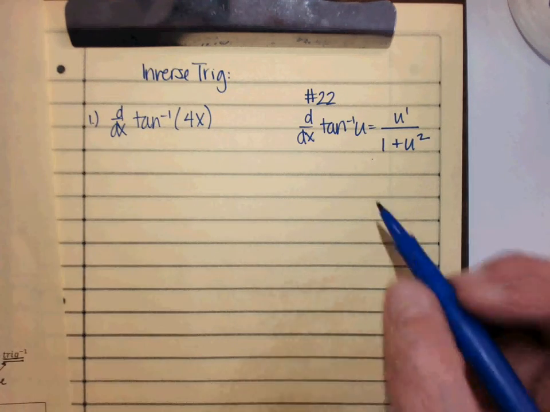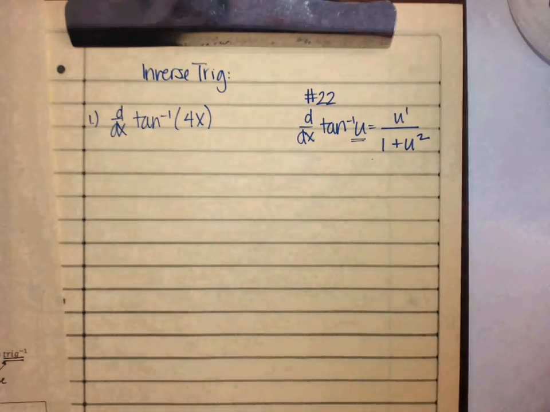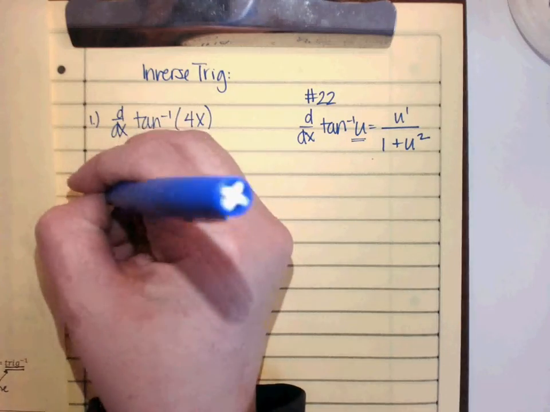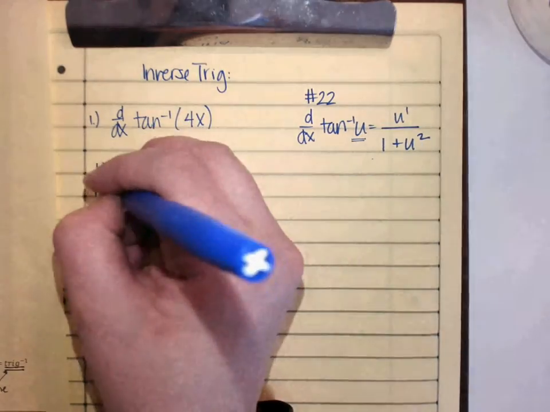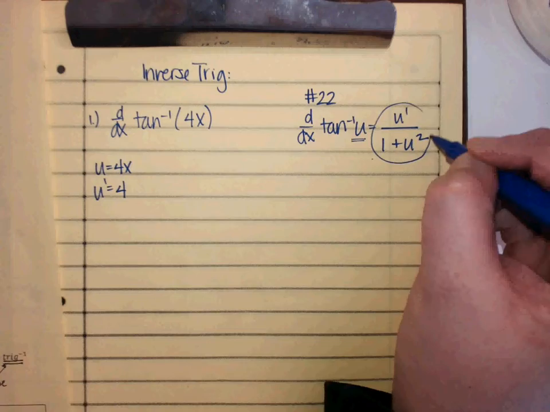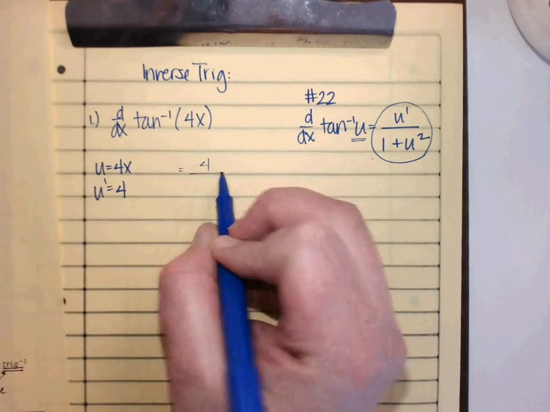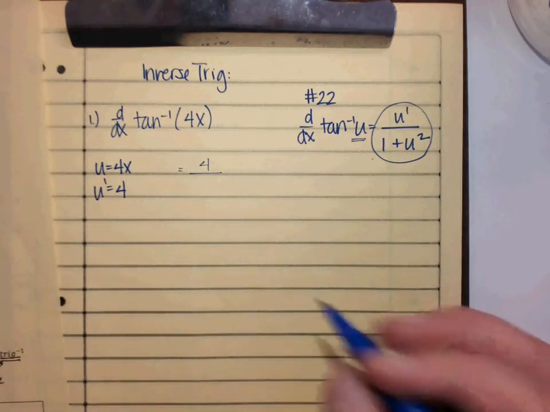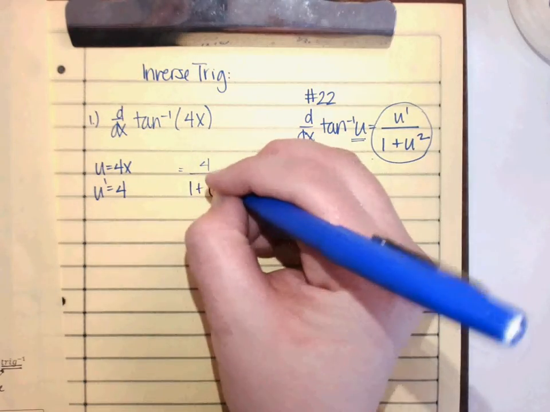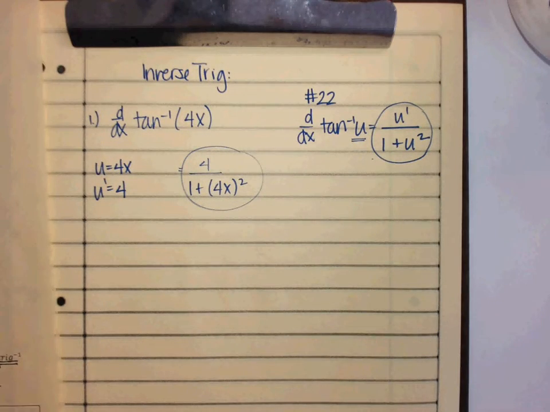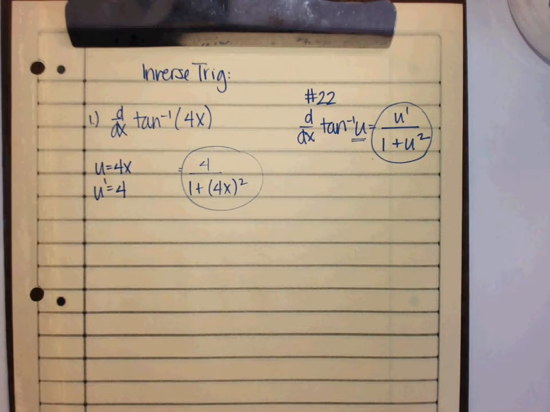So my u is what's inside tan, 4x. If my u is 4x, what is u prime? Just a 4, and then I'm following this formula. So what do I put on top? 4 over, what do I put on bottom? 1 plus parentheses 4x squared. Done. For your inverse trig, you're using your formula chart, and then you're just taking the derivative based on the formula that's given on your chart.